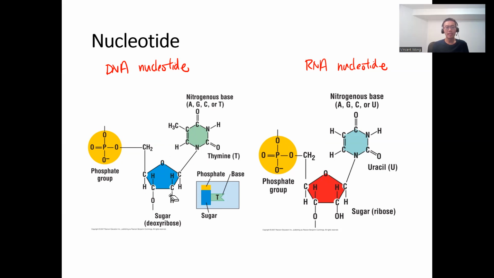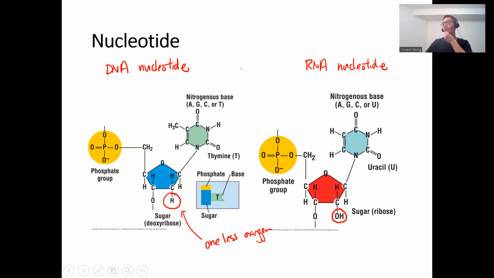Take a look at the deoxyribose here and the ribose. They look pretty much the same, except for this part right here. It's like one of those spot the difference games. You can see this is missing an oxygen, one less oxygen. That's why we call it deoxyribose.